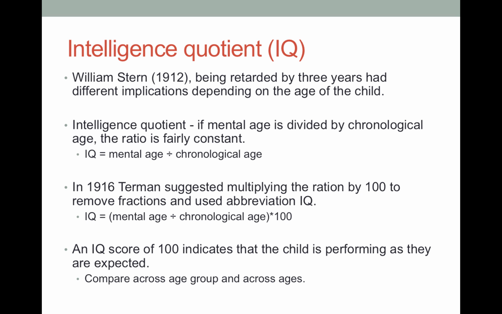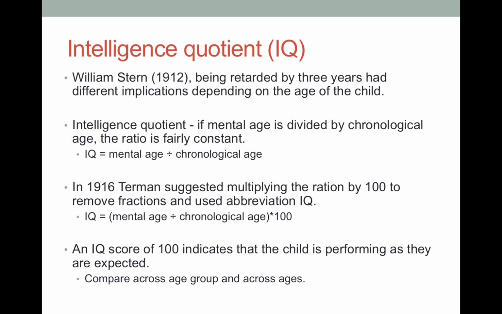In 1912, a German psychologist, William Stern, pointed out that being retarded by 3 years had different implications depending on the age of the child. For example, a 5-year-old functioning at the 2-year-old level was more impaired than a 13-year-old functioning at the 10-year-old level. So Stern developed the idea of the intelligence quotient. He discovered that if mental age is divided by chronological age, the ratio is fairly constant.